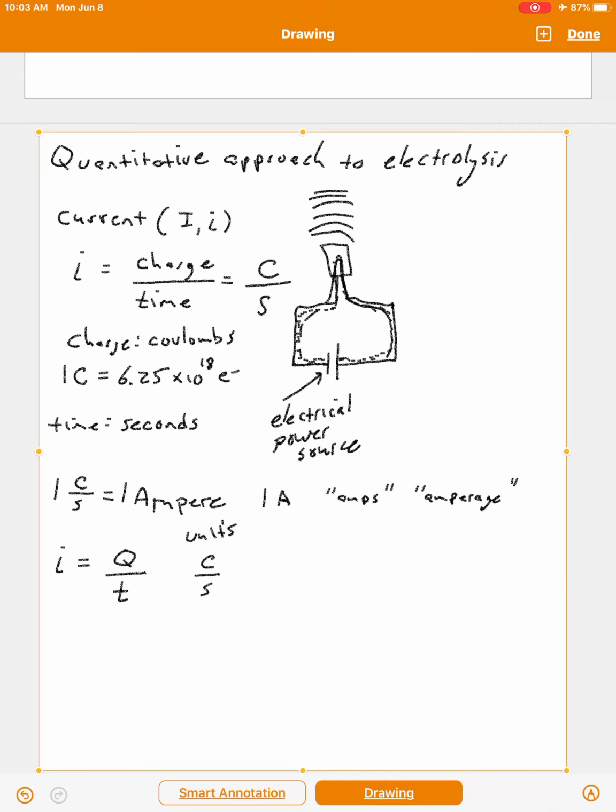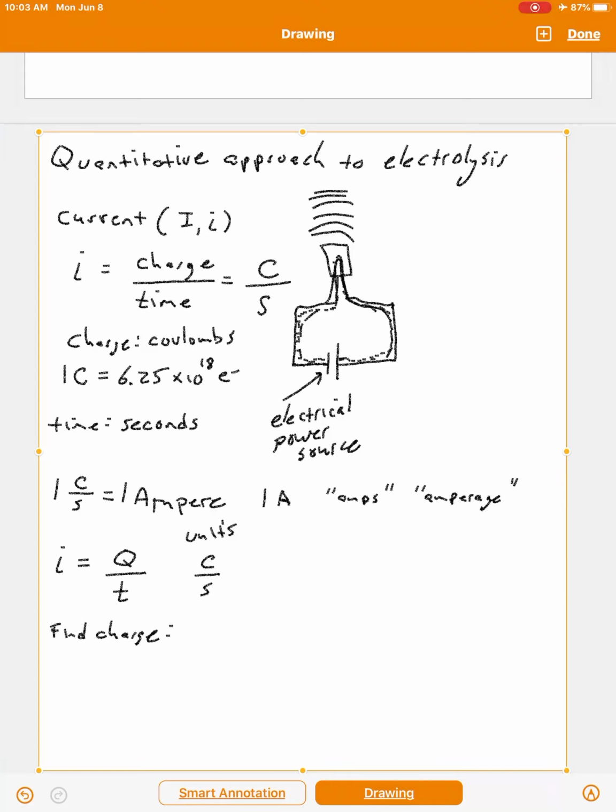So commonly for electrolysis problems, what you want to do is find the charge, the amount of charge that flows through this circuit, like in the diagram I just showed there.